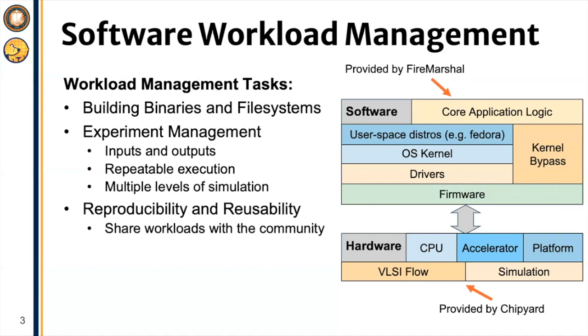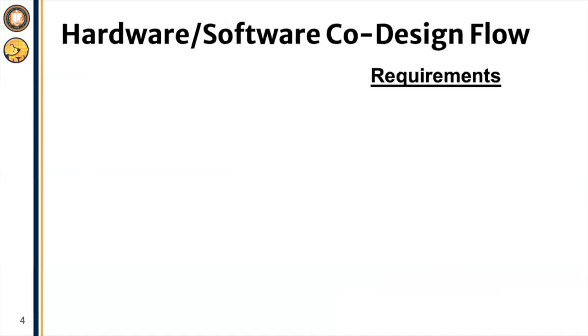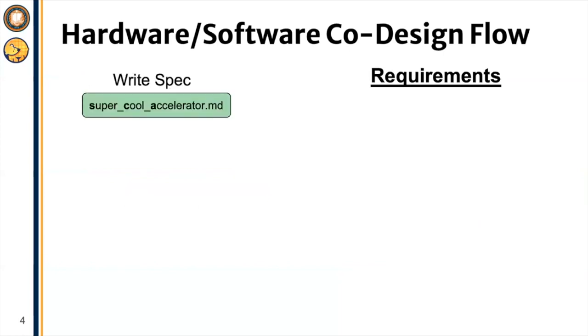So what's the actual co-design flow when you're trying to make a new accelerator or design and test it with your software? You have a lot of requirements. You have some sort of spec of what your accelerator is going to do. I'm going to accelerate matrix multiplication, call it what you will. You maybe have a functional model. Now that I have the spec, I can actually run the matrix multiplication.